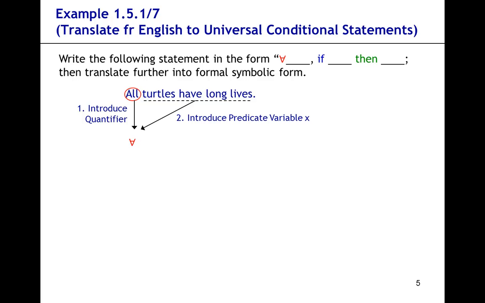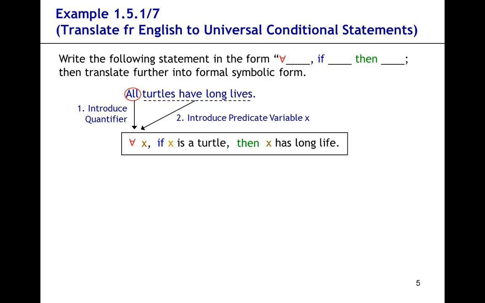But here, for universal conditional statement, we do not need to do that. Nail down the x straight away by saying, for all x. Then do a conditional check to see if x is a turtle. If x is confirmed to be a turtle, then what happens to x? Well, then x has long life. And that's the semi-symbolic form.